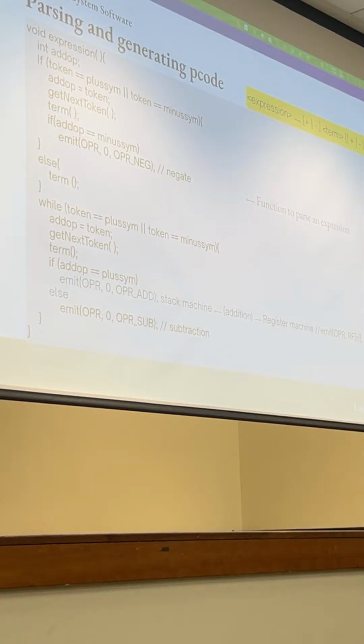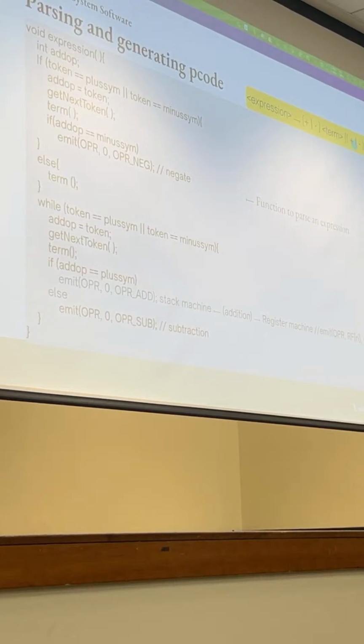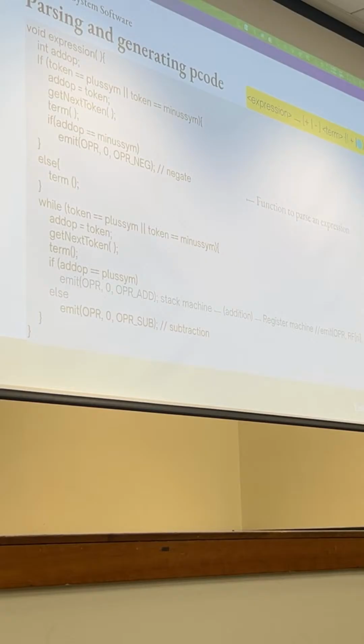The curly bracket is telling you we could imagine zero or more times. That means we are going to implement a while loop. But what is the while loop condition? It will directly follow the first element we are seeing. The first element will be plus or minus symbols, basically matching this part. And we are checking, okay, if it's a plus or minus symbol, then we get into the while loop.